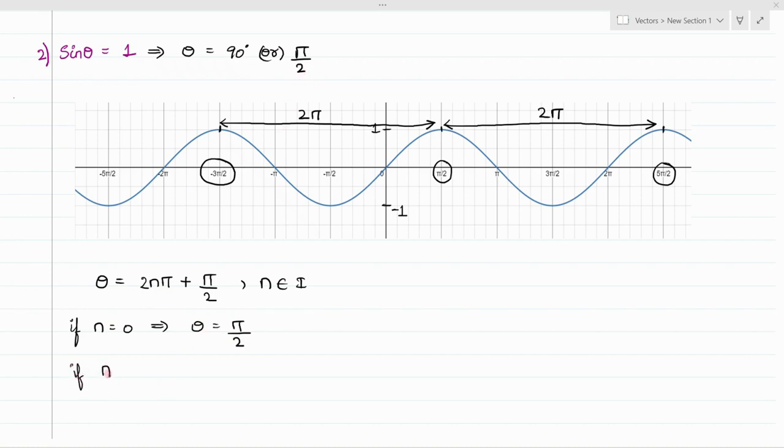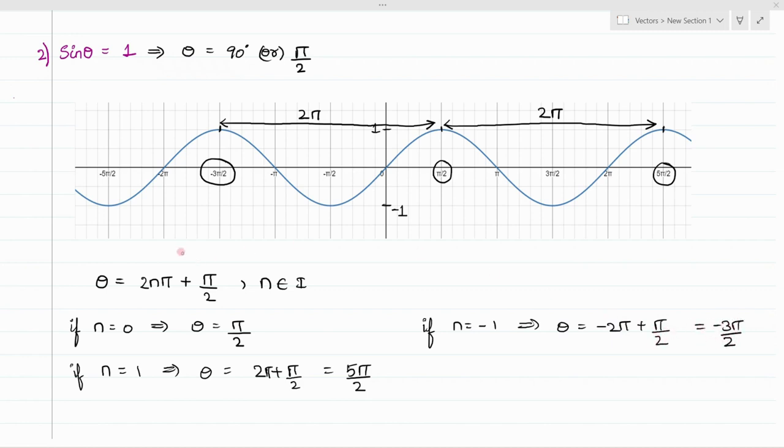If n is 1, theta becomes 2 pi plus pi by 2, which is 5 pi by 2. Here only we have seen the solution, right? Similarly, if n is minus 1, it becomes minus 2 pi plus pi by 2, which is minus 3 pi by 2. So this equation satisfies our values.